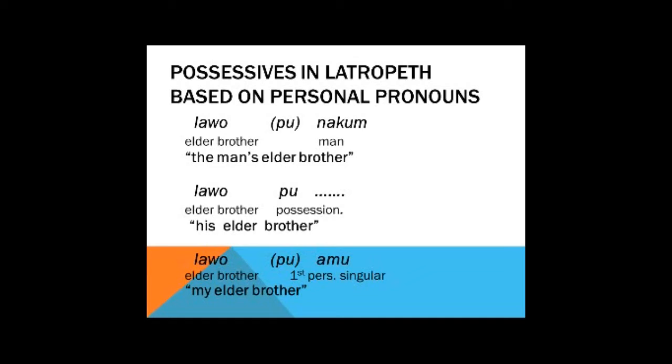So it's understood that it's a third person possessor, so you can translate it as his elder brother. It could actually only be his in this case, because the term lao is only used by males. Females would use a different term. Then at the bottom, you've got a phrase incorporating a personal pronoun form, amu, and of course indicating possession. So, lao puamu, my elder brother.